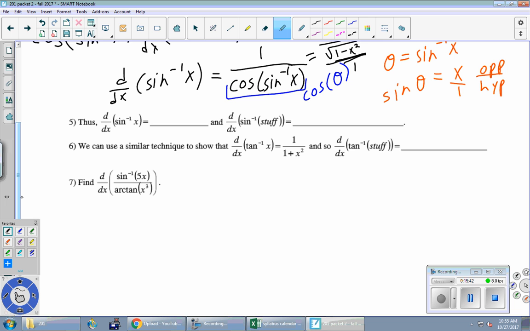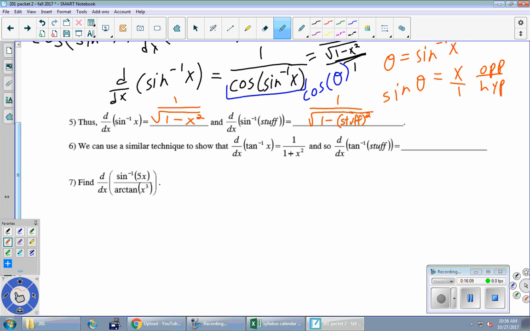Okay, let's fill that in the blank here. 1 over square root 1 minus x squared. And every time we now have a new derivative rule, we apply the chain rule. So it becomes 1 over what? Square root of 1 minus the stuff, I'll put that in parentheses, squared.